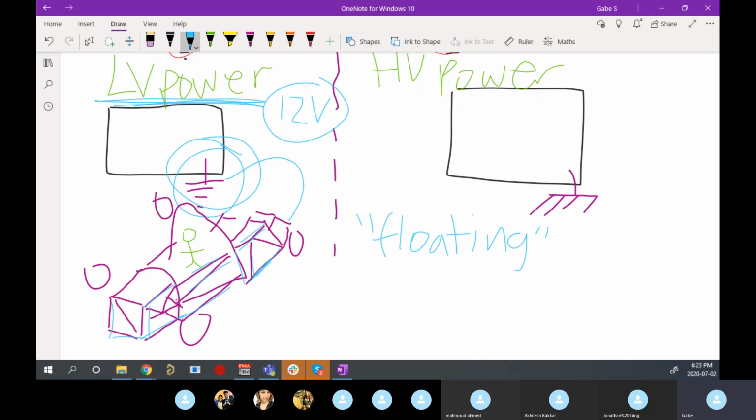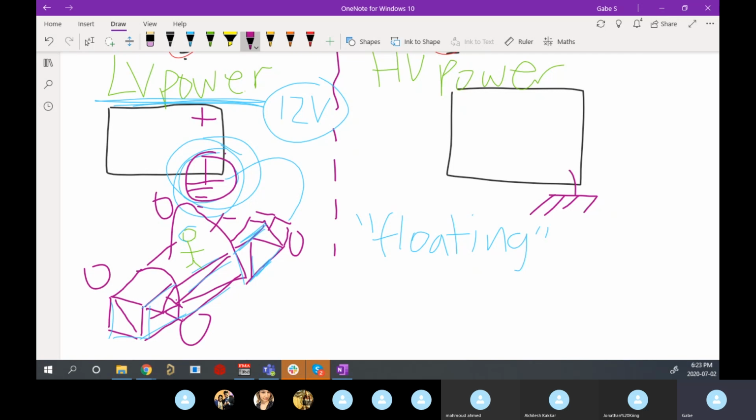So if the chassis is at this low voltage ground, the driver is going to be at that same potential, because he or she is sitting in the car, touching all the things, so they're at the exact same potential as this ground, right? Essentially they have one hand touching this ground. Let's say this is a 12-volt battery of the car.